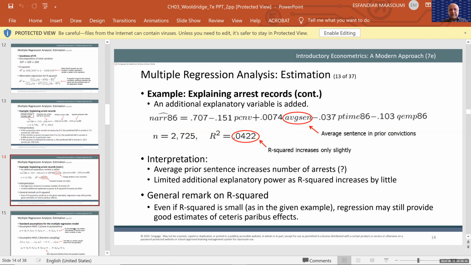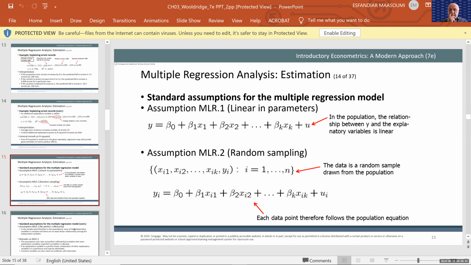All right. So what properties do these estimators have? Remember, we had a parallel discussion for bivariate regression. Are these estimators biased? What's their variance? To determine how good, how precise our statements are about these unknown betas, partial effects.